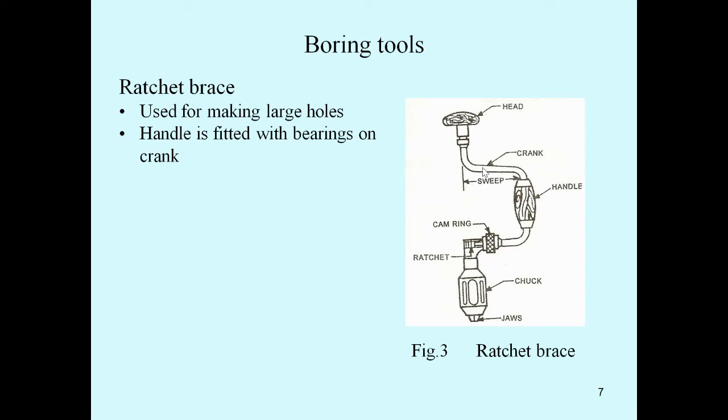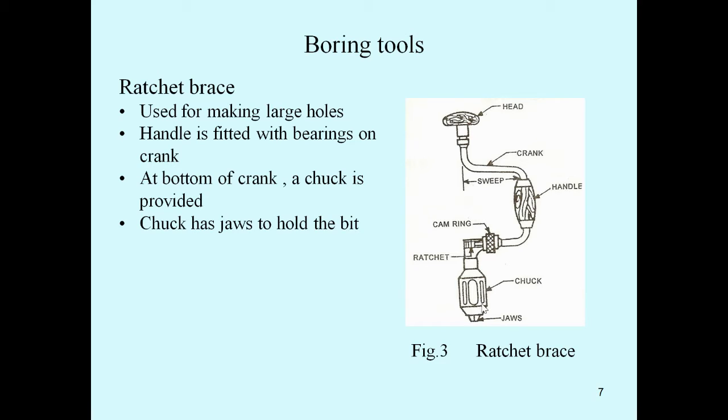For this crank, we have to fix the handle. You can see here, this handle is fitted with some bearings. Next, at the bottom of the crank, the chuck is provided. This will be the chuck. The chuck has jaws. These are the jaws which hold the drill bits or bits.